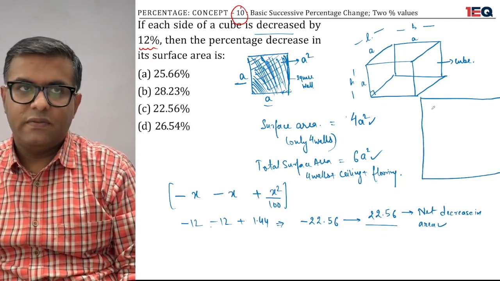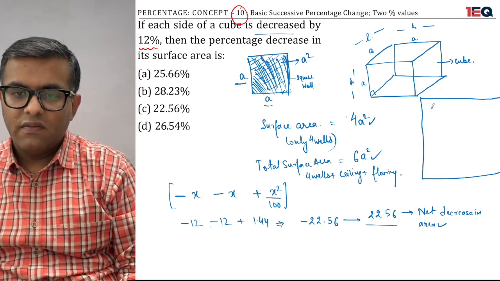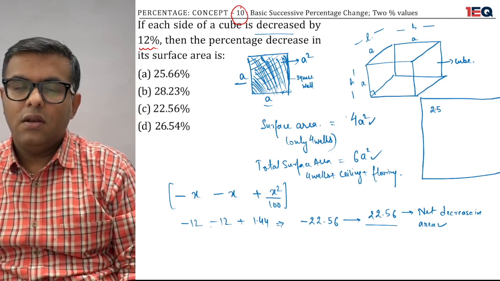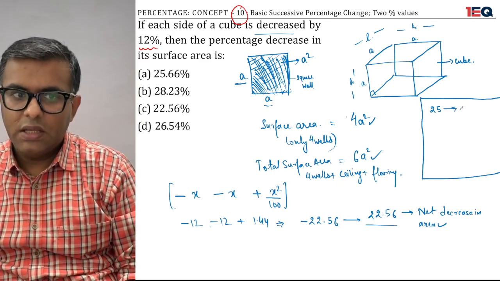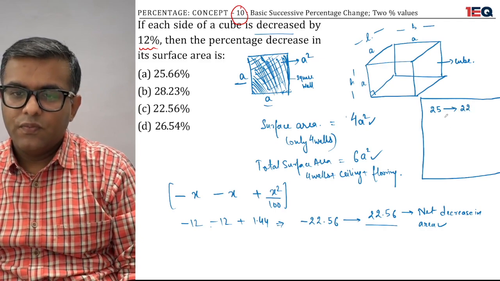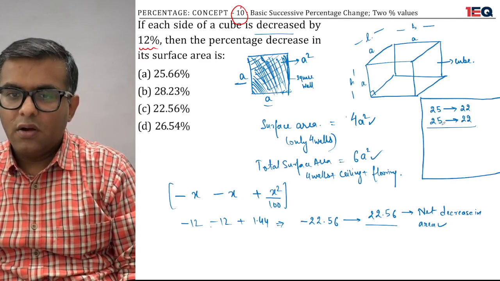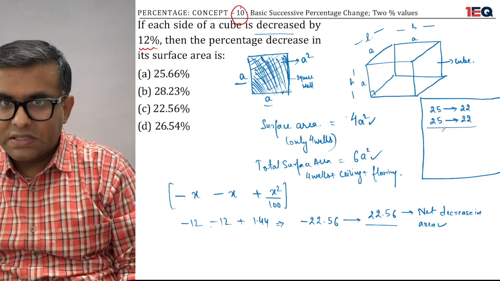There is a 12% decrease. Okay, if the value was 25, then it decreased because of 12%, and it came down to 22. Then again, the other side was also decreased from 25 and it became 22. To make it a component of surface area, the values need to be multiplied twice.